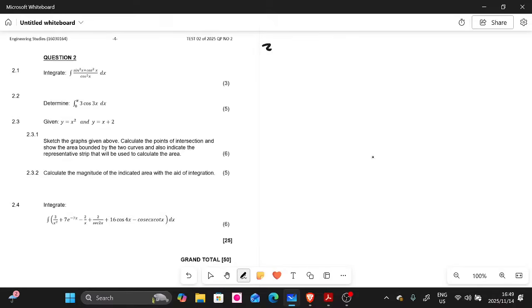We have sigma, and we have sine squared x plus cos squared x, and then we divide everything there by cos squared x. All this is multiplied by dx. So we are integrating with respect to dx.